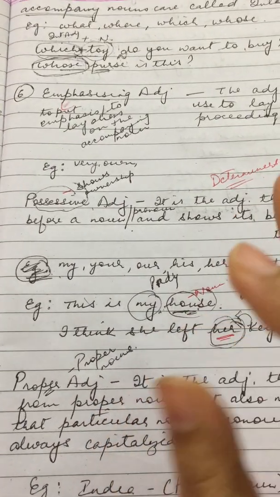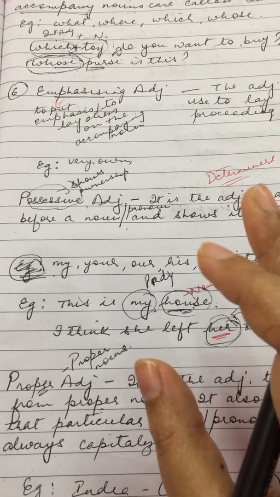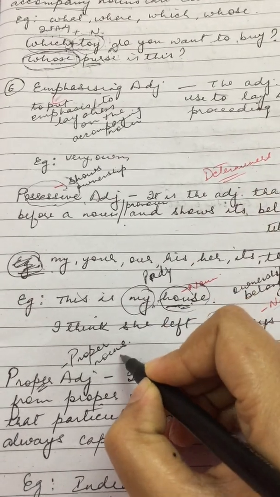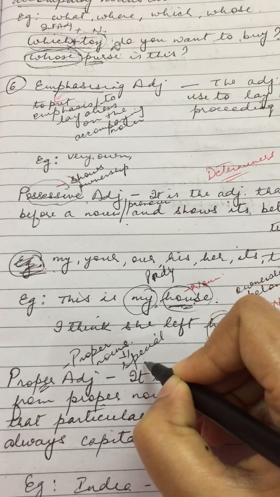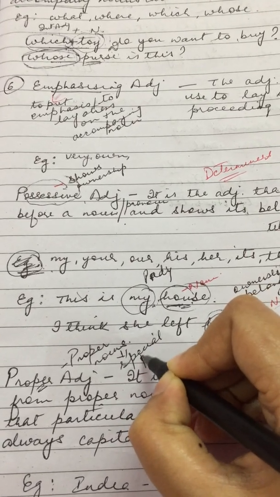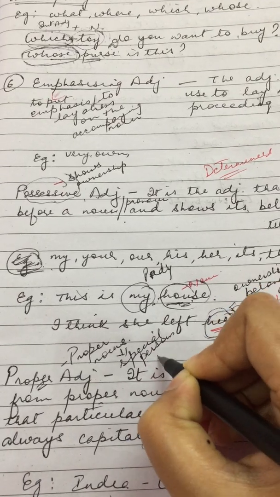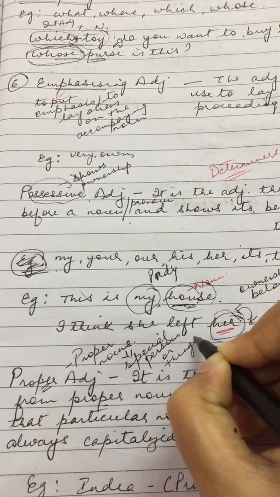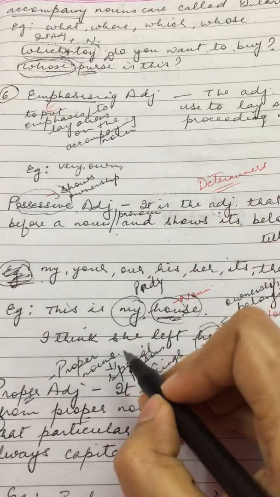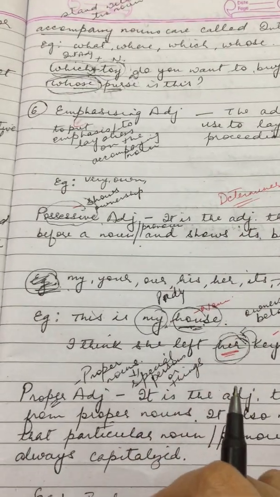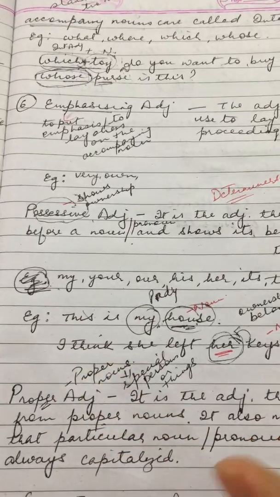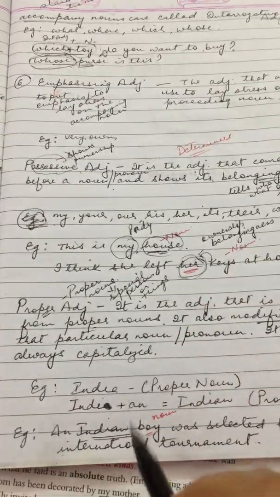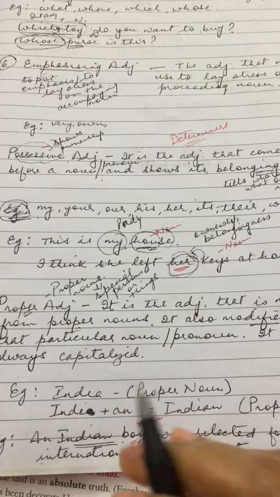Proper nouns are special words, the names of special persons or things. So a proper adjective is derived from proper nouns. How? I will tell you. Example, India.